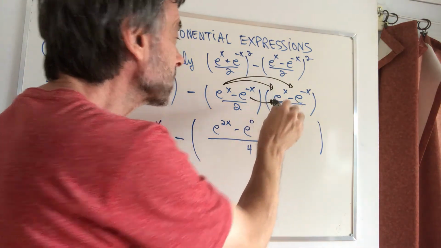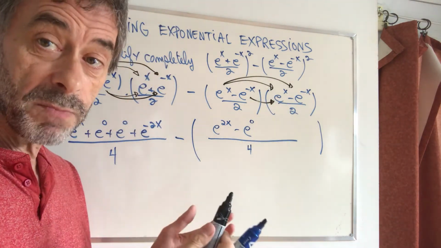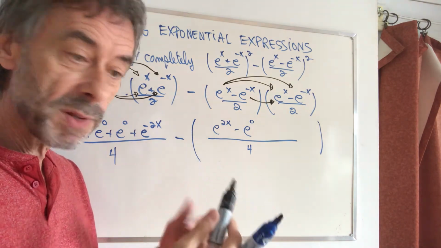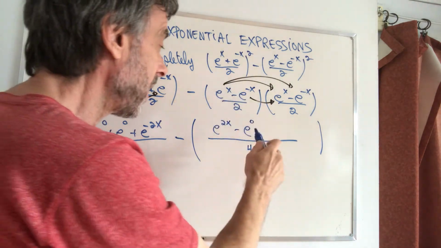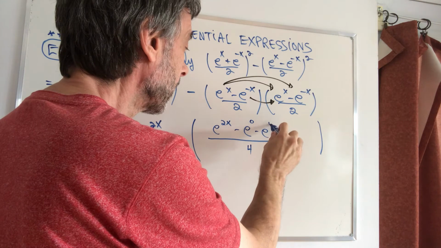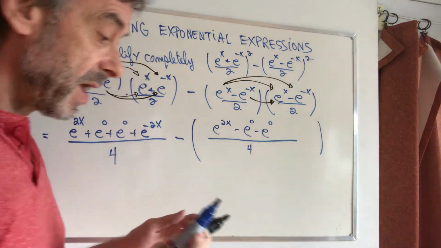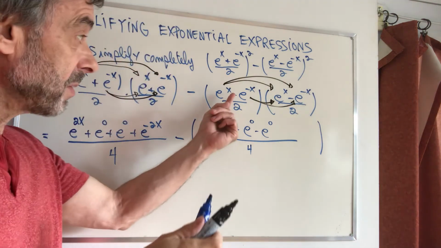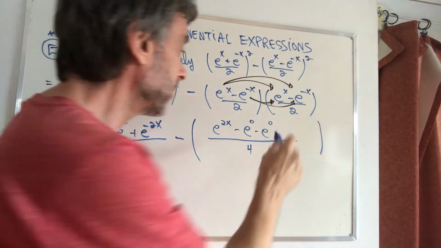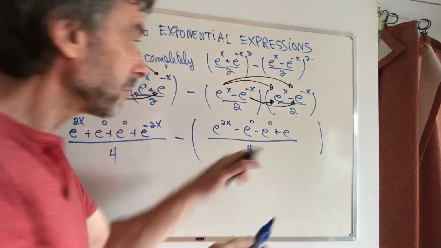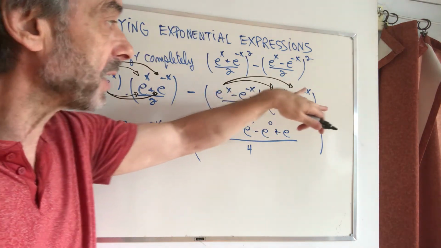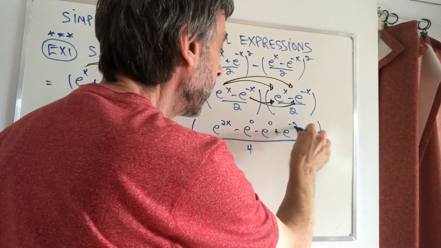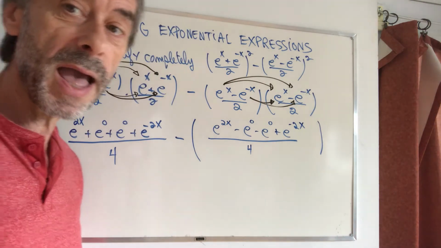Minus e to the x times e to the x. Same base, we add the powers, minus x plus x, 0, but with a minus. Like this. And finally, this time is a minus times a minus, so it's going to turn out to be a plus. And I'm going to add my exponents, minus x plus minus x, minus 2x.